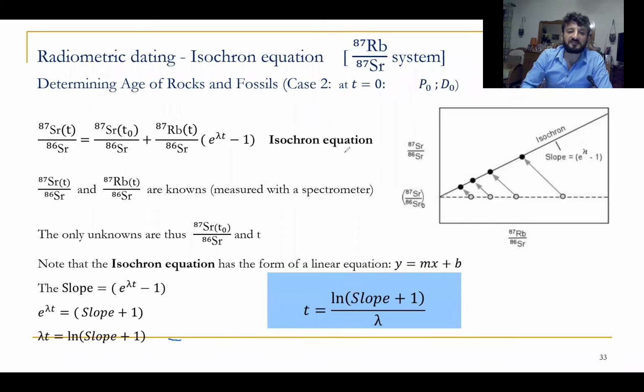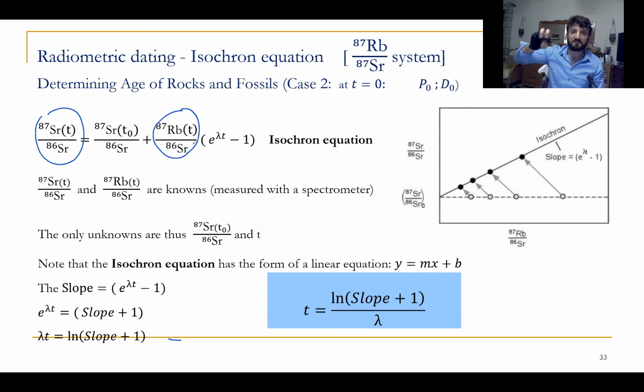Here we write again the Isochrone equation. This term, strontium 87 to strontium 86 at a time t, and rubidium 87 to strontium 86 at a time t, we can calculate these values with a mass spectrometer. It's easy: you have a spectrometer and a detector.